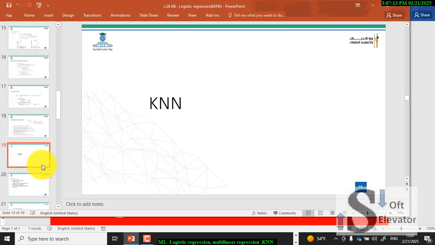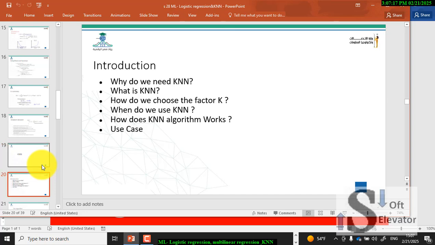Then we have the KNN algorithm. How does it work? Why do we need KNN? How do we choose the factor K? What is it? When do we use KNN?